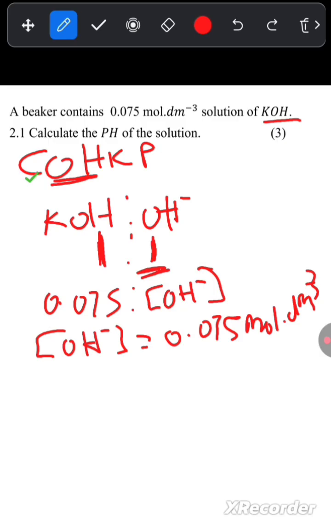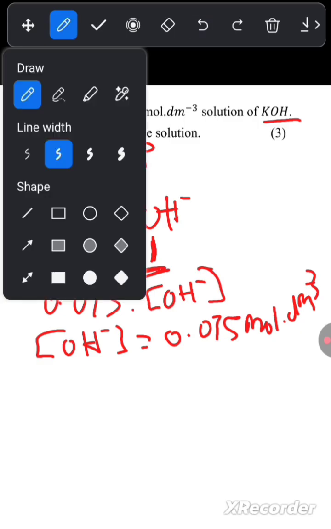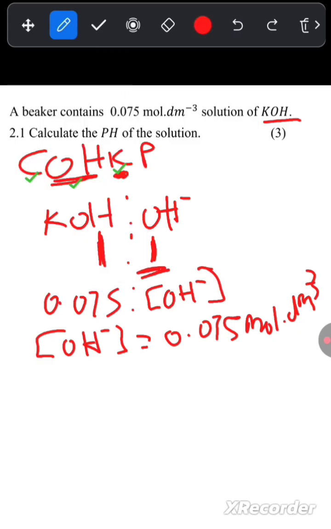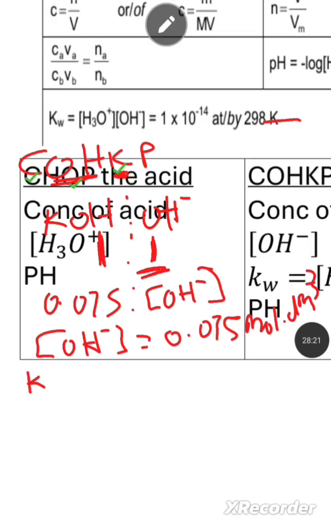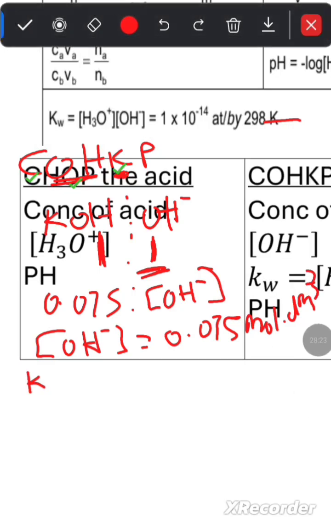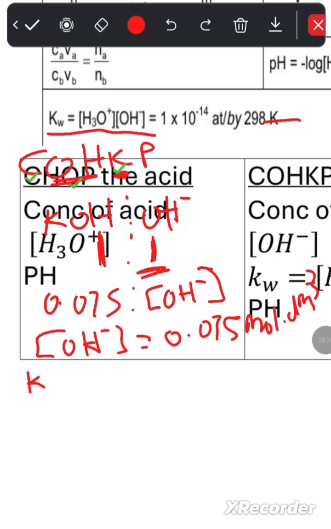All right. Then now, where do we go? We go to the KW formula, because already I've got the concentration of OH. I must go to the KW formula. The KW formula says this is the KW formula that we are talking about.